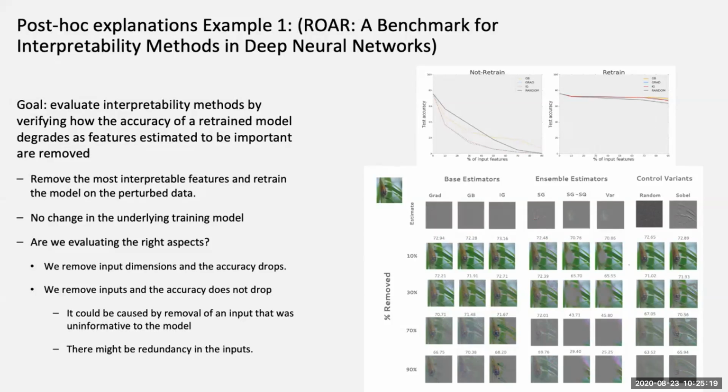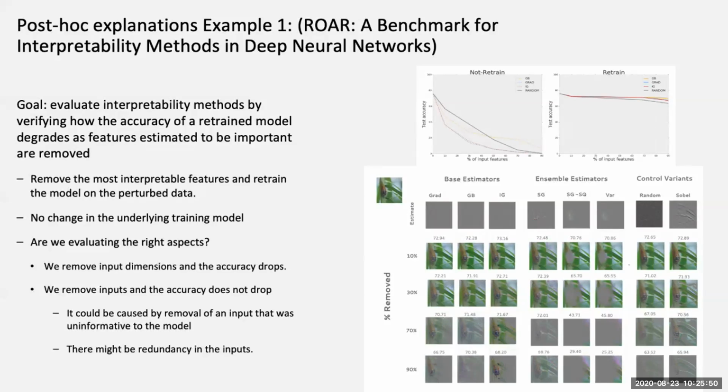So either it may be possible that the interpretable feature is actually uninformative, or it may have some redundancy with some other features in the model. Therefore, although you remove the most explainable feature from the model, the other feature which has collinearity with this feature retains the prediction performance, and therefore the test accuracy doesn't drop dramatically as we expected.